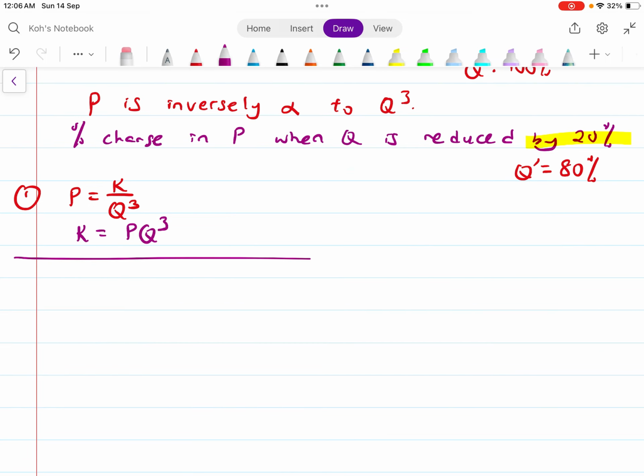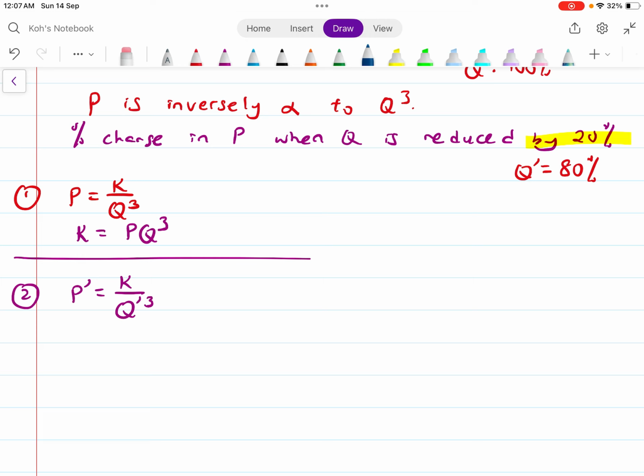Then I write another equation, the new equation: P prime equals K over Q prime cubed. Because I changed my Q, I will have a new P as well, but K never changes because it's constant.